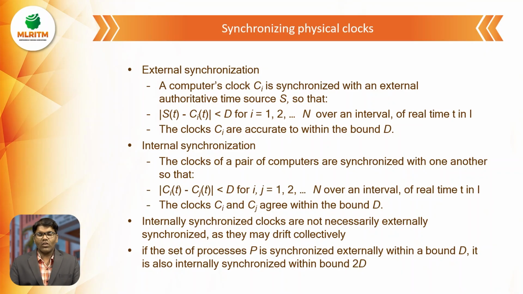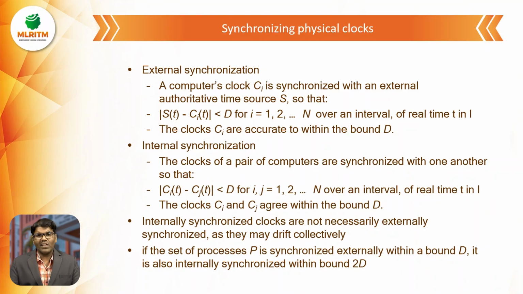A computer's clock Ci is synchronized with an external authoritative time source S, so that |S(t) - Ci(t)| < D for all i = 1 to n, over an interval of real time I. Here the clocks Ci are accurate to within a bound D.